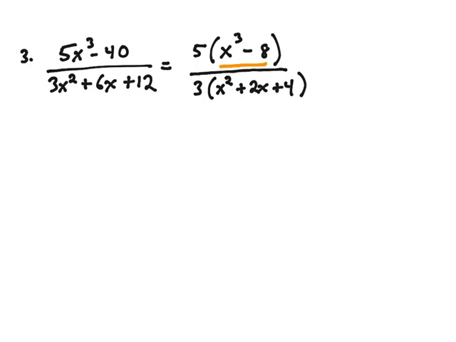So we're going to use this formula for x cubed minus 8. And that's going to be a minus b times a squared plus ab plus b squared. Okay? So we have to use that formula in order to do that.